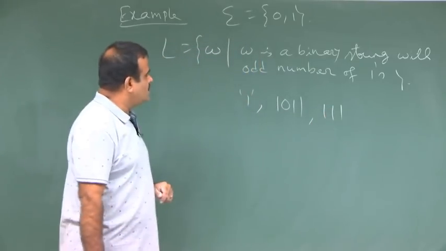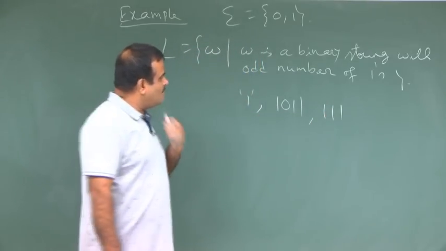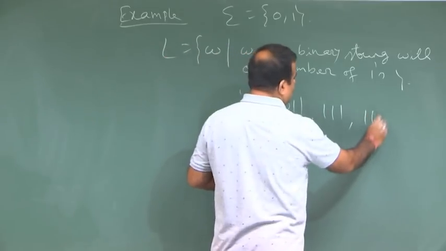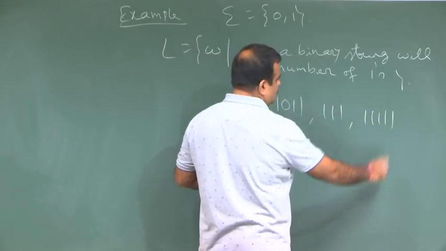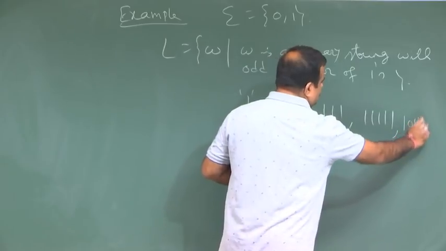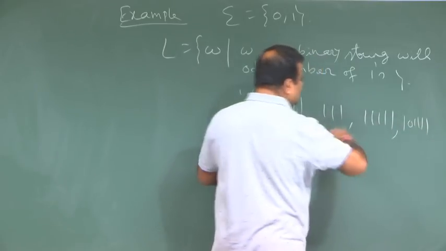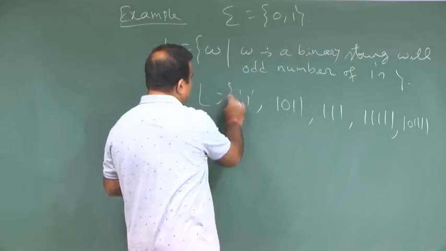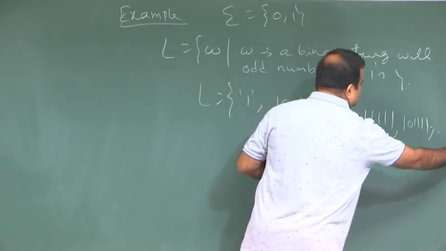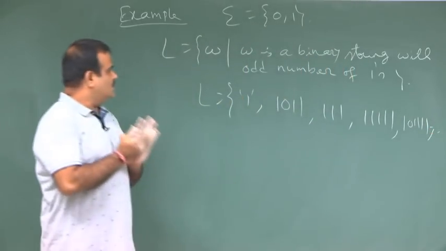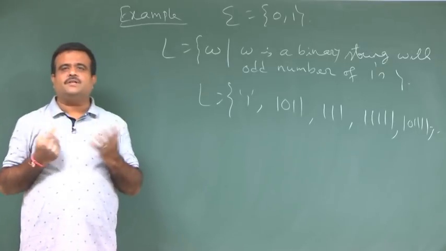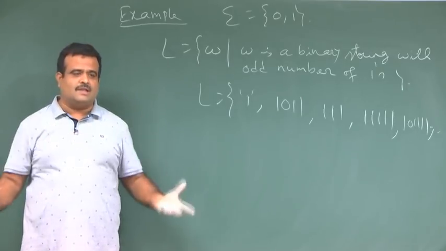These are all strings having an odd number of ones: 1 1 1 1 1, five ones, and 1 0 1 1 1 1, five ones. So this is a collection of all such strings. This is our language and we want to check whether this is a regular language or not.